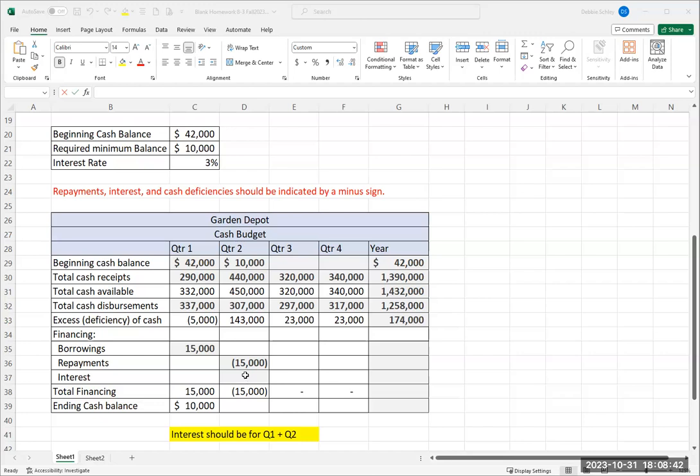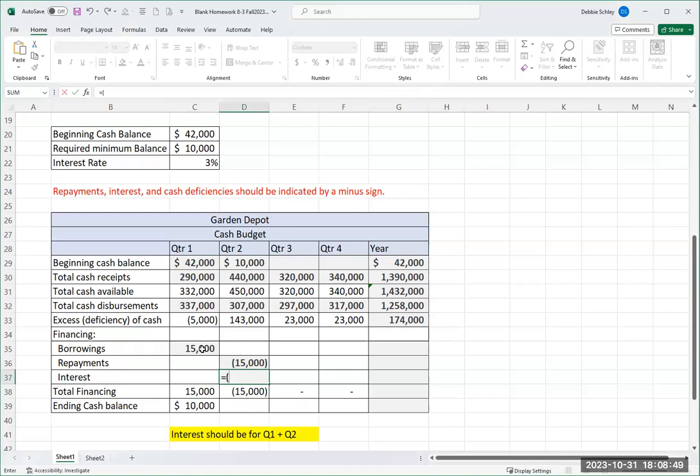Okay, so I am going to take this 15, actually I'm going to do parentheses just because I can. That 15,000 I borrowed times 3%. And actually, I'm going to times it by the negative one because it needs to be a negative number.